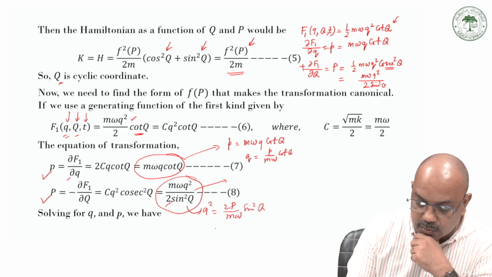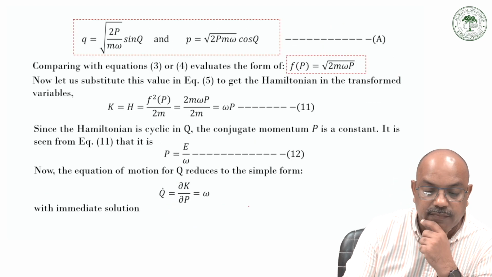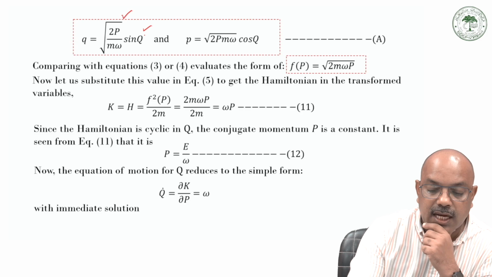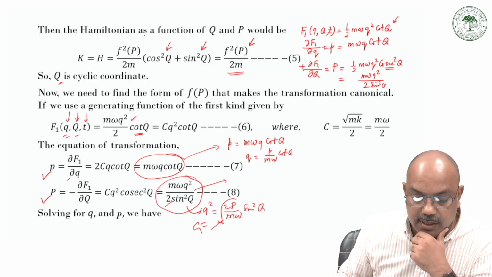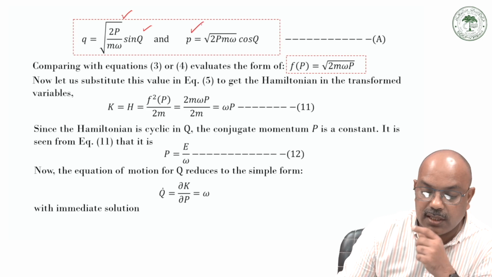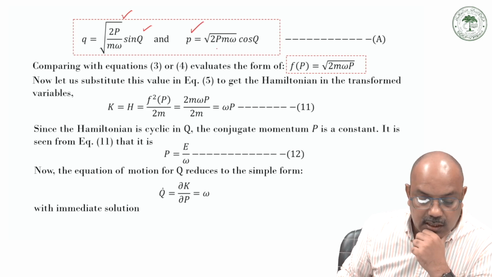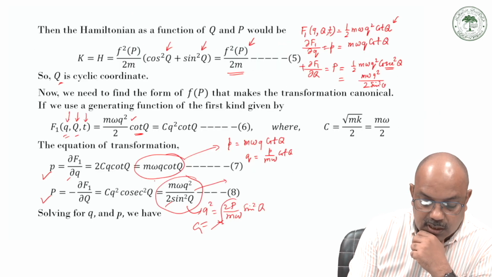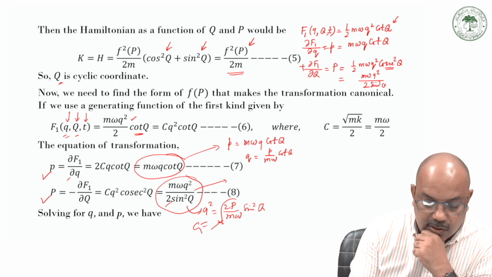So q will be under root, giving twice P over m omega times sine Q. Then small p, written in terms of P, is m omega q cot Q.